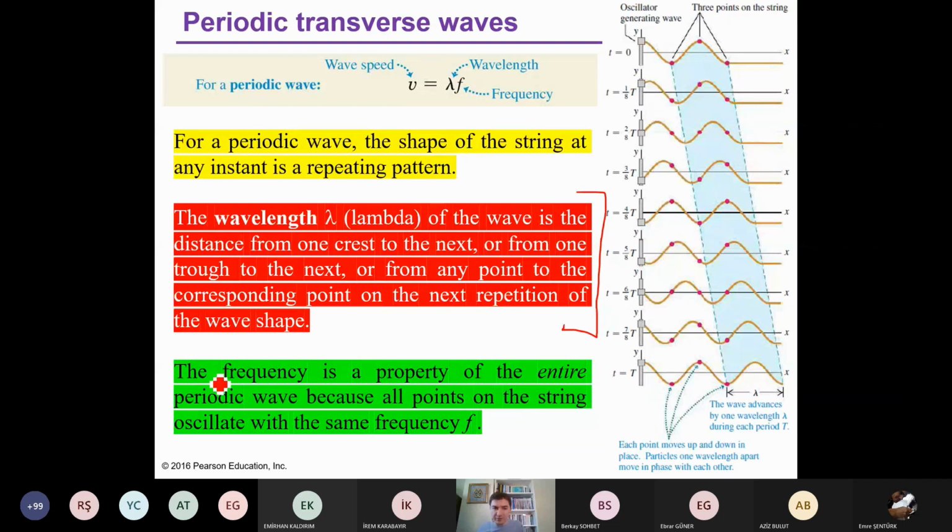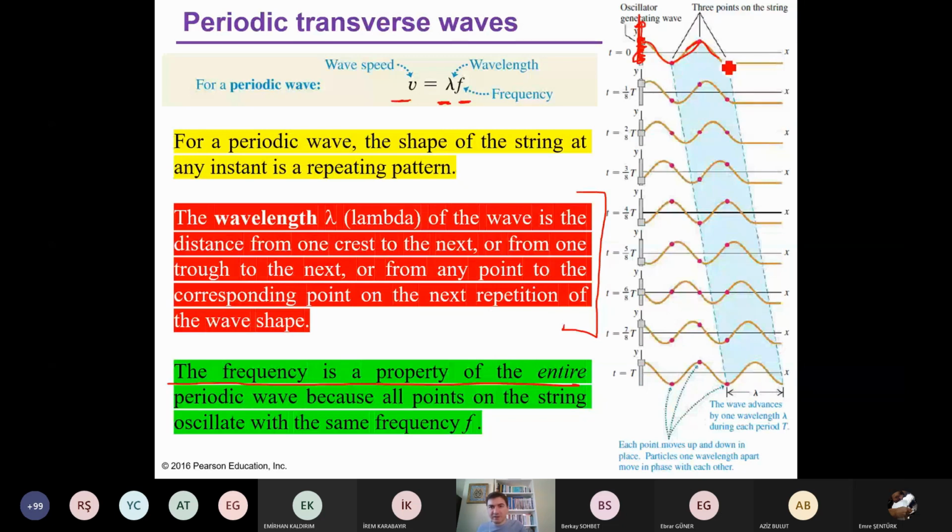So what about frequency? The frequency is a property of the entire periodic wave because all points on the string oscillate with the same frequency. Here, just consider you have an oscillator, okay? Here you have a mass and here there is a string, and this mass is moving up and down, a periodic motion. And then you produce a wave on the string and just concentrate on the motion of this particle.